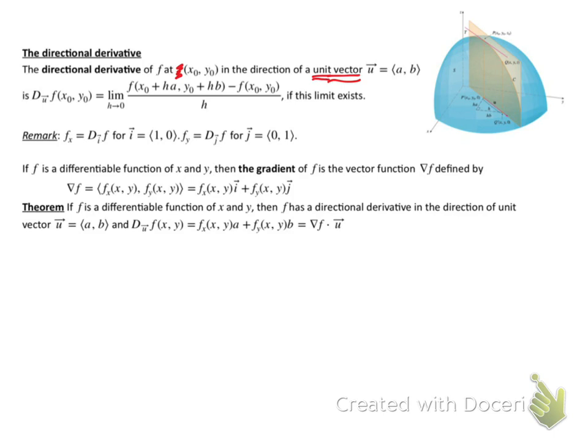And if f, again, is a differentiable function, the gradient of f is the vector function, which is called del f. Del f is actually just f partial x in the i direction and f partial y in the j direction. So this way you are saying I have f partial x on i and I have f partial y on j. So that's our gradient. And so gradient is a vector.